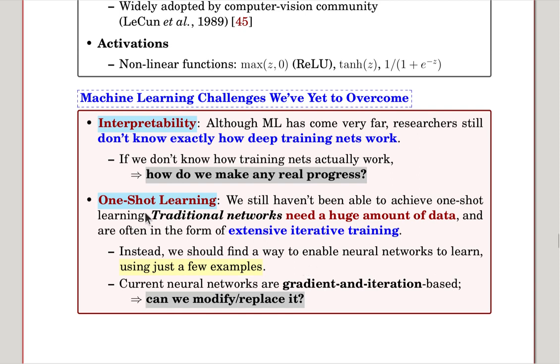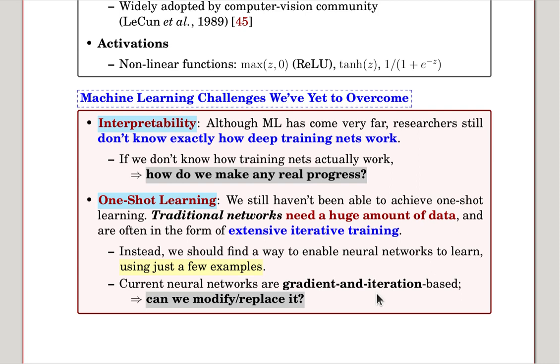One-shot learning represents this concern. Current neural networks are gradient and iteration based. Can we modify or replace it? That's the ultimate question. If you can answer this question, then you'll be rich anyway. It's a really important problem.